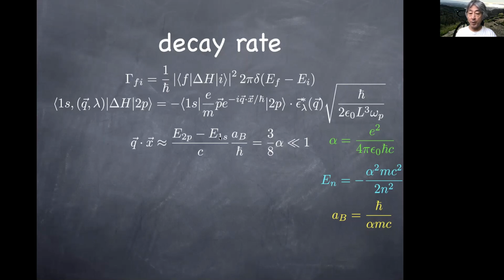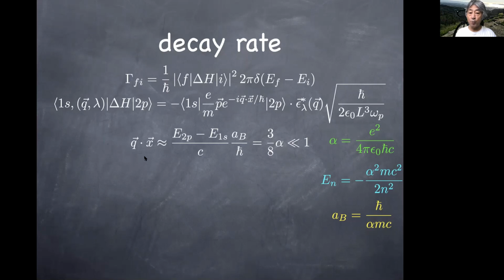So 2p minus 1s is given in terms of this expression over here, which is order alpha squared. On the other hand, the Bohr radius, as we have just talked about, goes like 1 over alpha. So this 1 over alpha cancels one factor of alpha from the energy levels, but another factor of alpha remains.